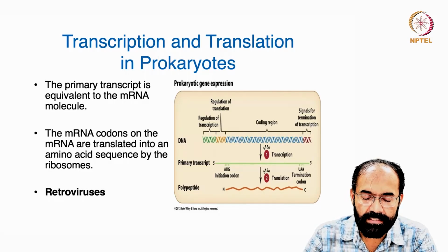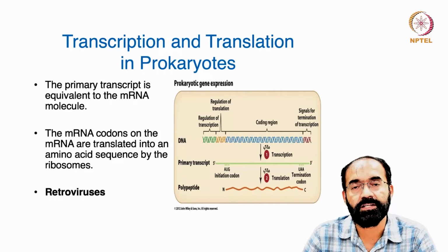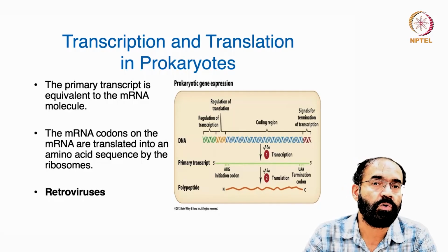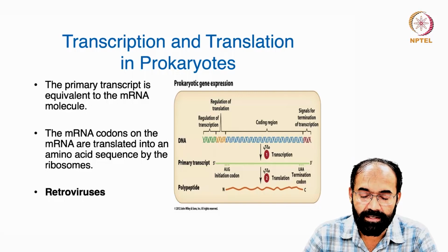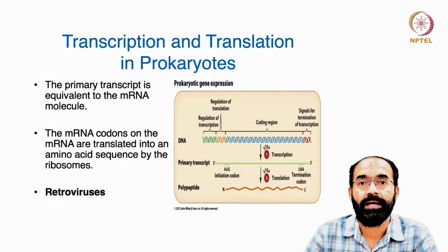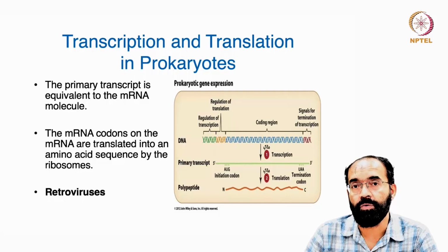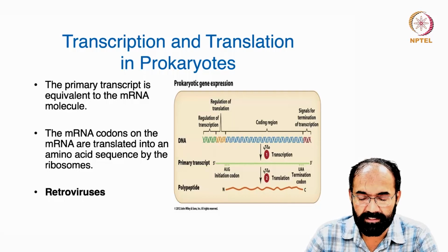What is shown in green are the regulators of transcription. That means it is also a DNA sequence, but it does not code for an mRNA. It has a region that can help in the recognition by certain proteins or elements that will allow where to start the transcription.